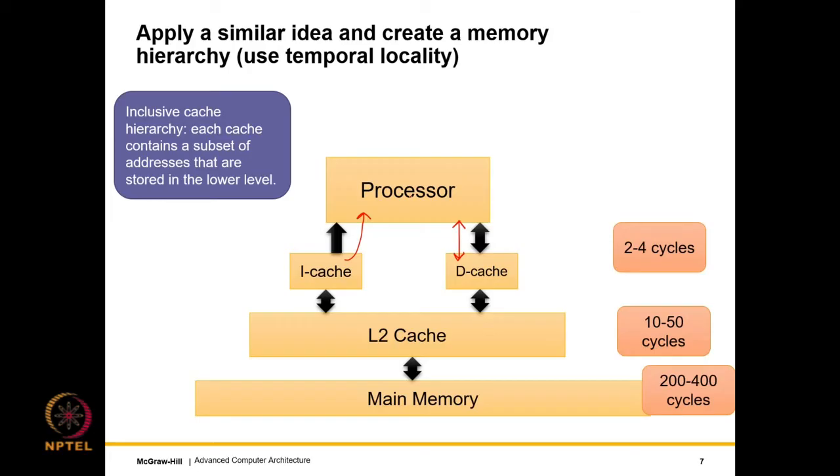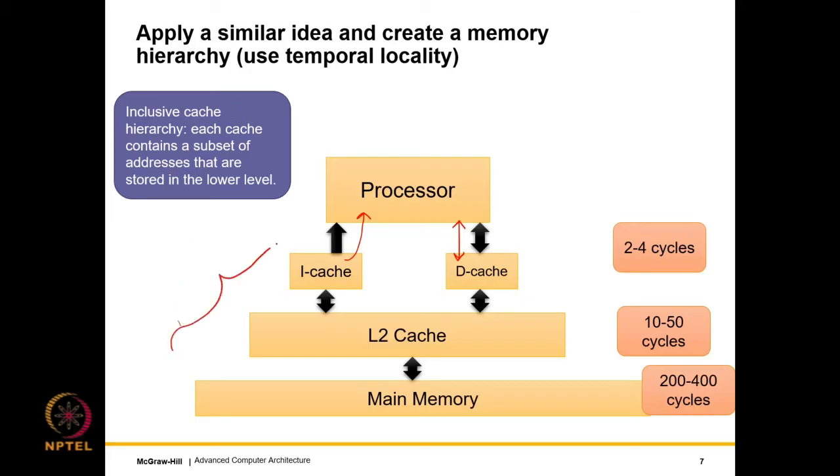After the L3 cache, we have the off-chip main memory, which is not in the processor chip, but outside. It is on the motherboard. It has a long access latency, something between 200 and 400 cycles.